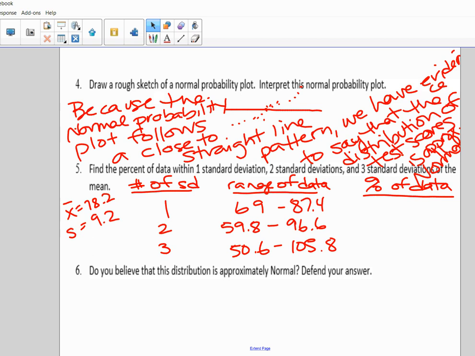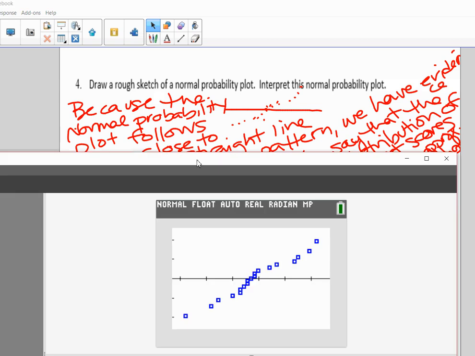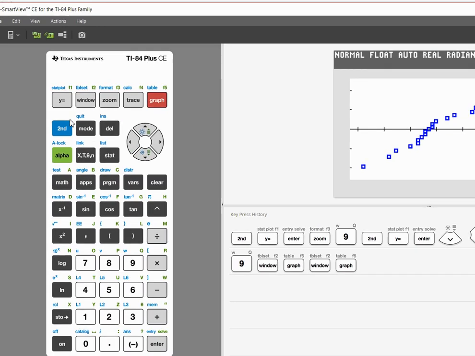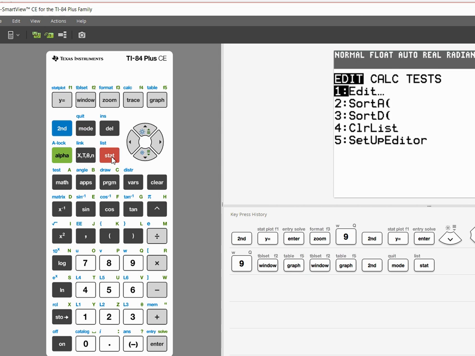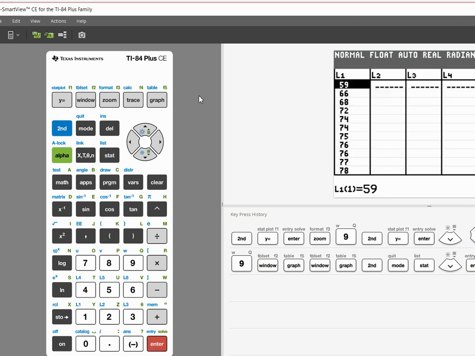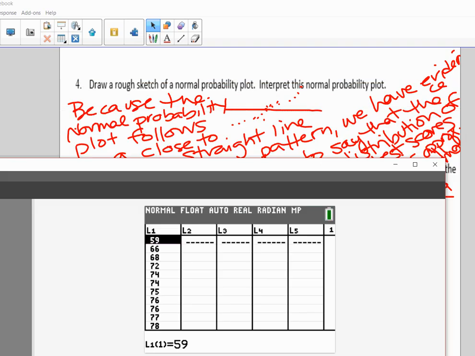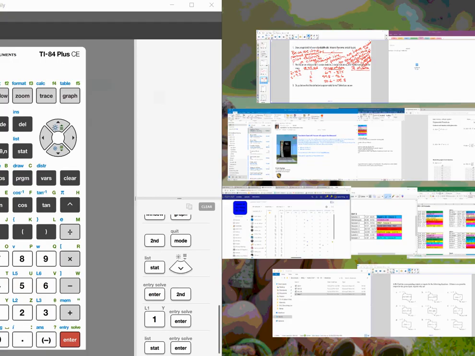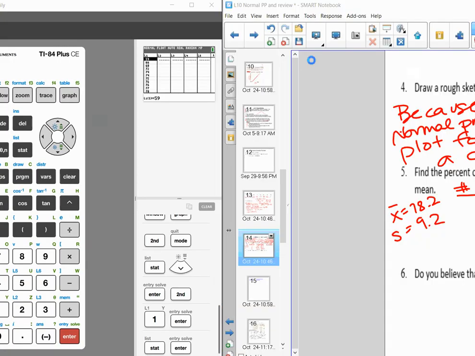Now, I have to go back to my calculator. Remember, we can sort L1, put these in order, okay? I'm going to go back to stat list. Now, how many of these are out of this range?